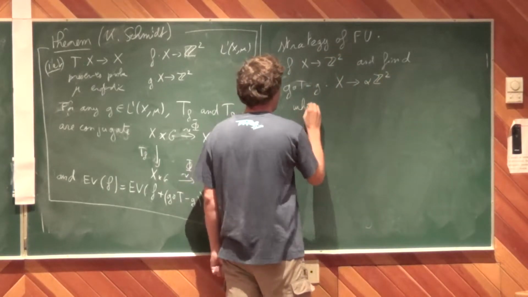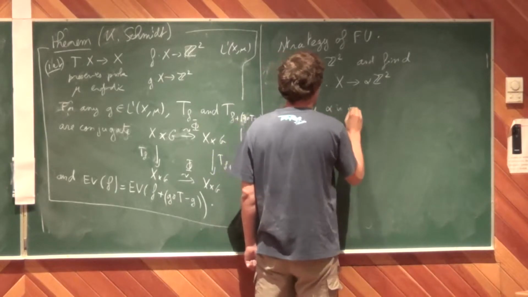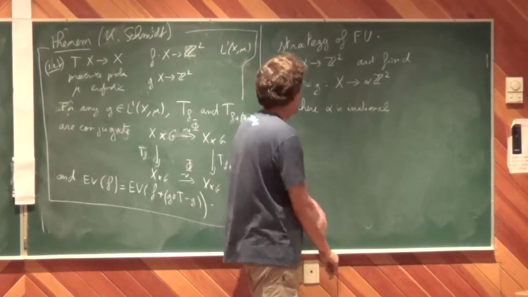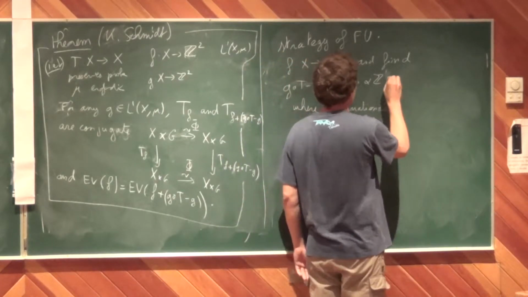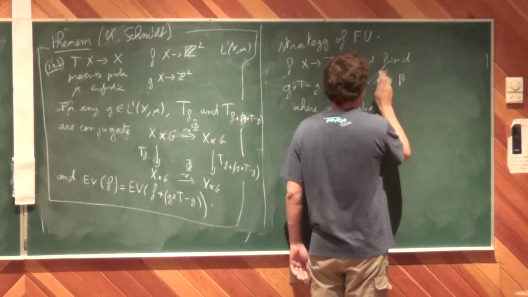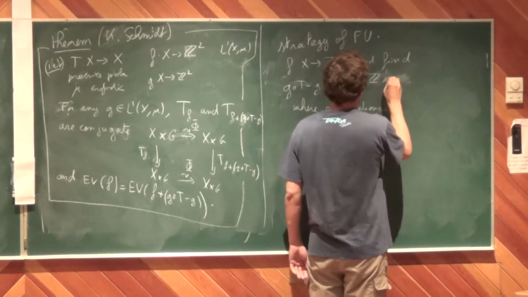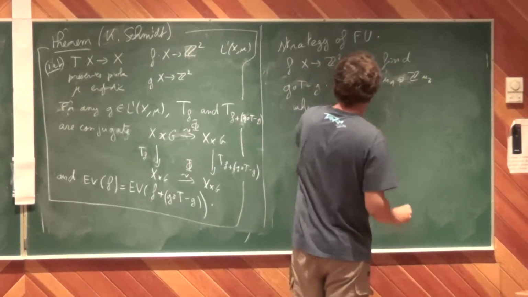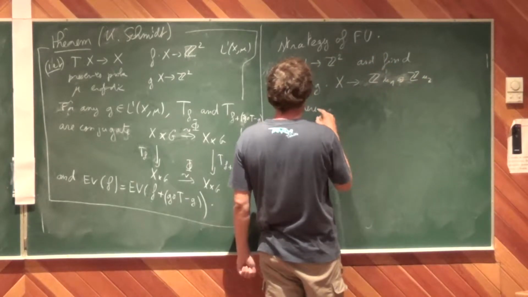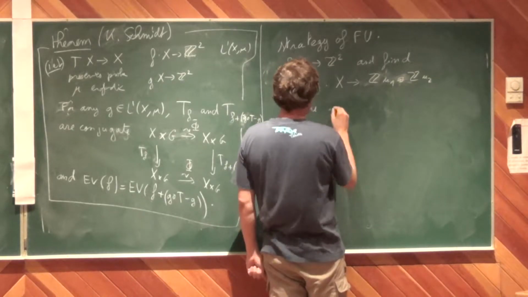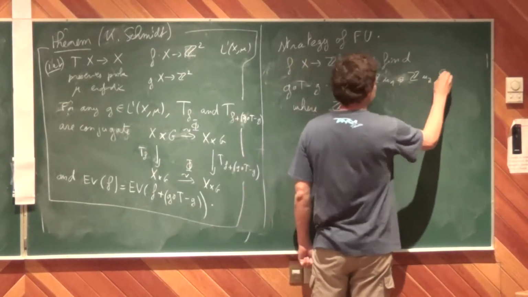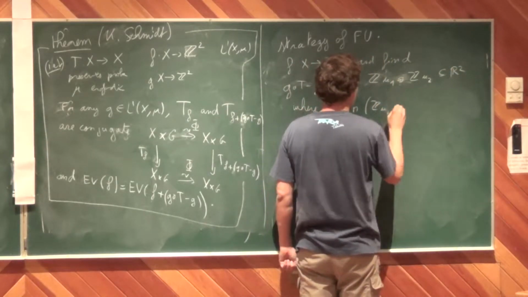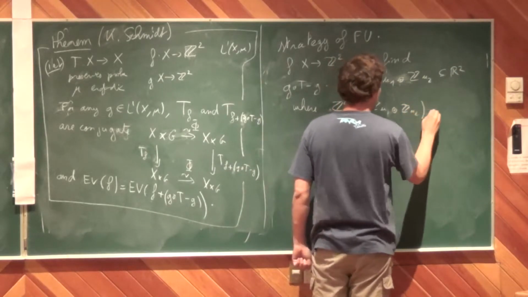where alpha is irrational. Or alpha Z times beta Z, I do not remember. Let's say u1 plus u2, so this is another lattice, embedded in R2, where Z2 intersected with Zu1 plus Zu2 is just reduced to 0.